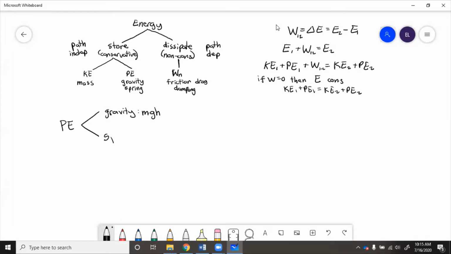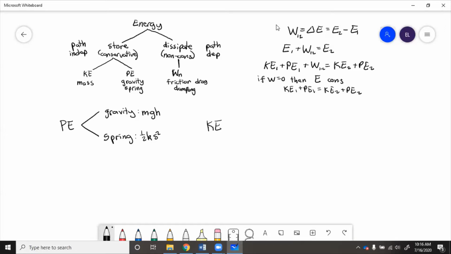Then in a spring, that formula is 1/2 k s squared, where s is the distance that the spring stretches. And this is always positive. So whether you compress the spring or stretch the spring, it doesn't matter, it's still storing energy.